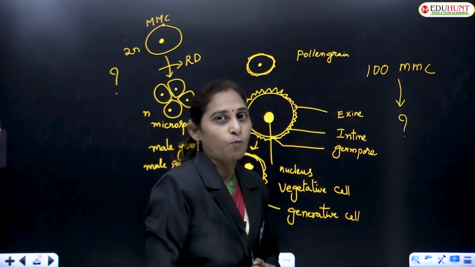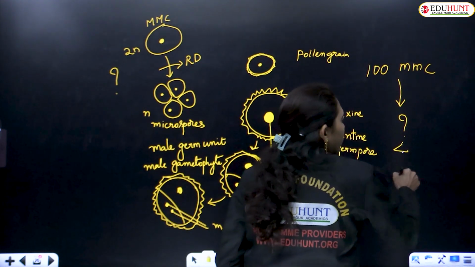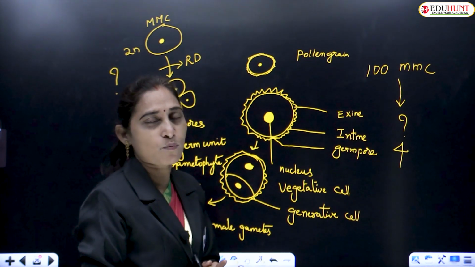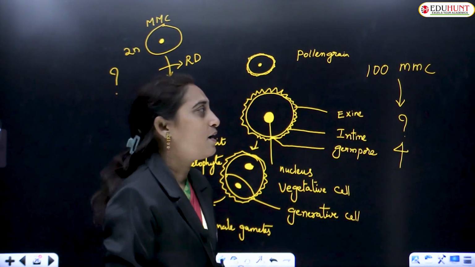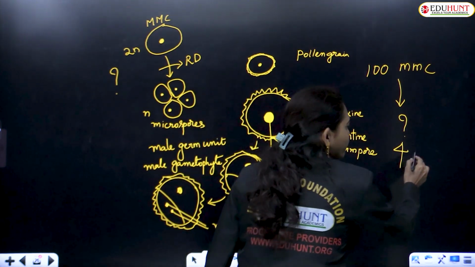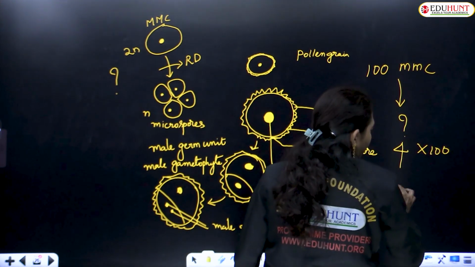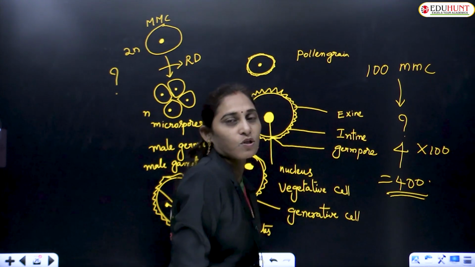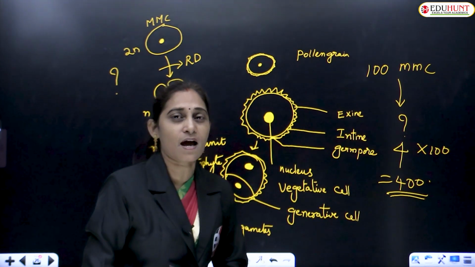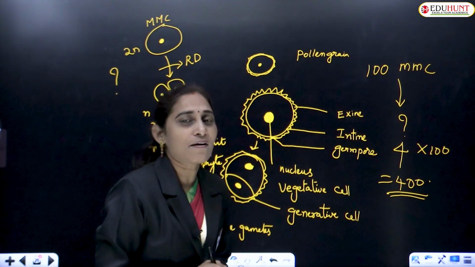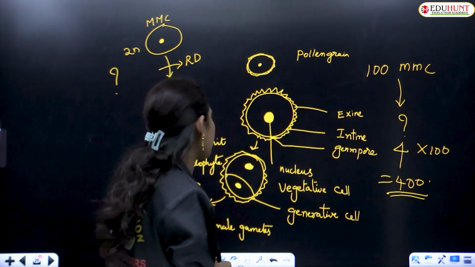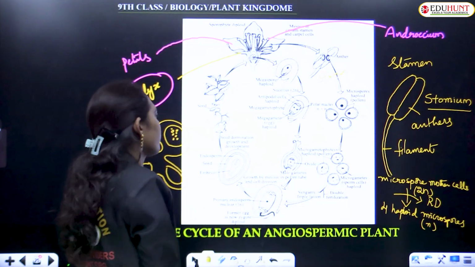From each microspore mother cell, 4 haploid pollen grains or 4 haploid microspores will result. From 100, that is 4 into 100 equals 400. 400 microspores or 400 pollen grains are formed from 100 microspore mother cells. So, this is the answer.